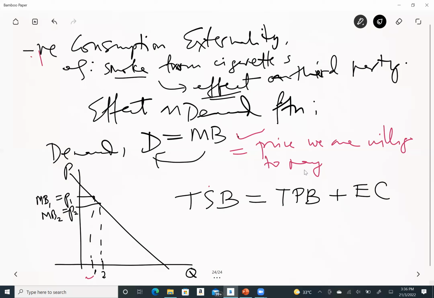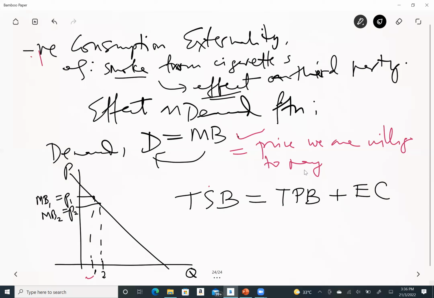So there is an external cost associated with your consumption. Example here, if you smoke cigarettes, we think of it as consumption. The smoke from the cigarette incurs cost to another party. So there is an external cost.